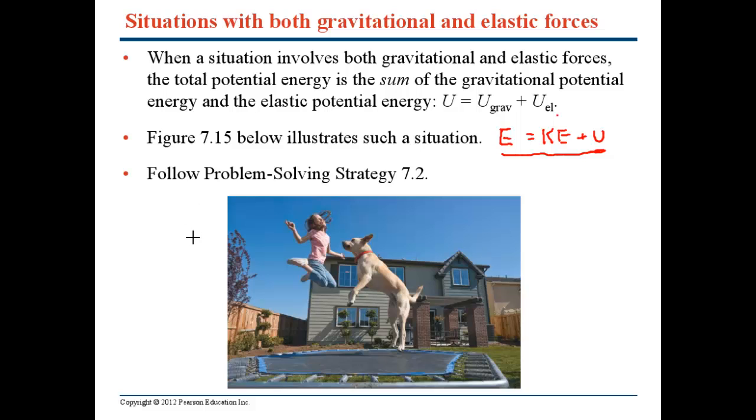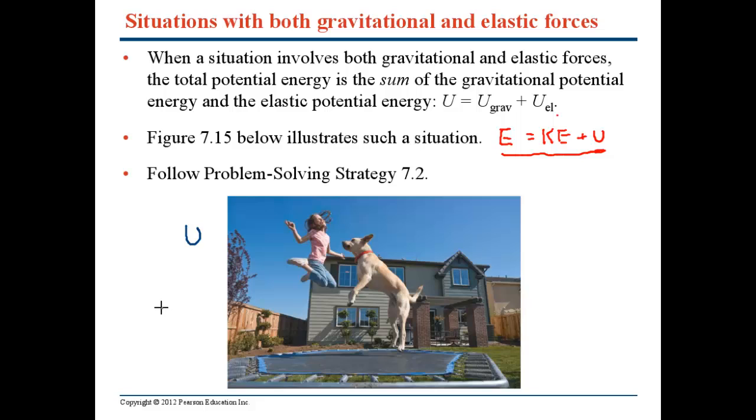Taking an example, this girl jumping on a trampoline: at the very tippy top, all she has is not kinetic energy, all she has is potential energy. She has the ability to fall down. She's not moving upwards. Her velocity is equal to 0 at the very tippy top, and there is no spring force acting on her.